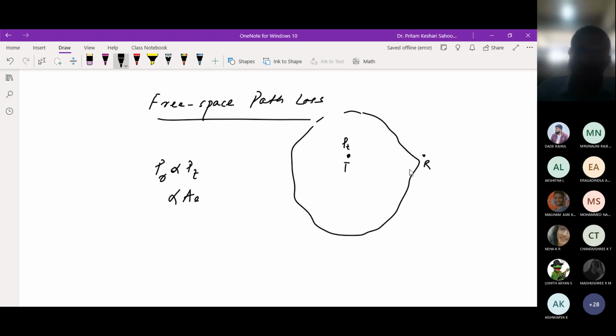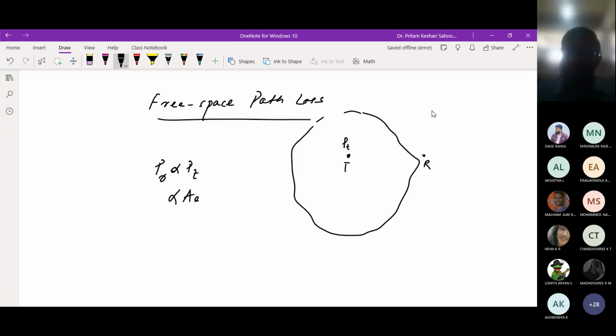The answer is no, never. It will receive the power flux density, that is, the amount of power per unit area at some distance, multiplied by the area of the receiver. So that is the power received.